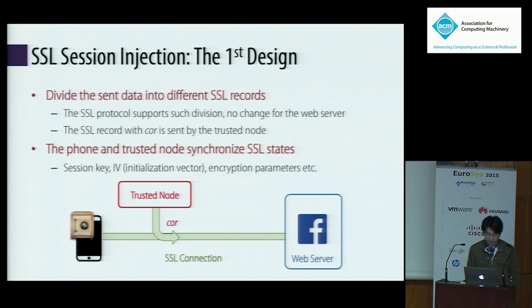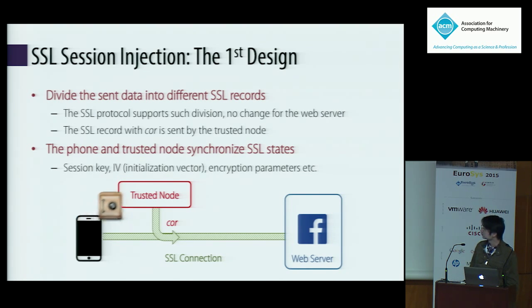In order to solve this problem, we first divide the sent data into different SSL records. This is supported by the SSL protocol, so no change is needed on the web server. For any data before the cor data, we can send directly from the phone to the server.